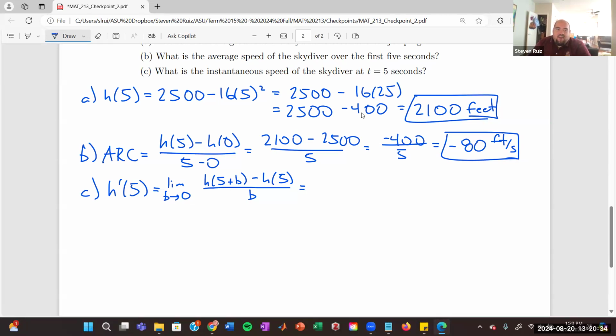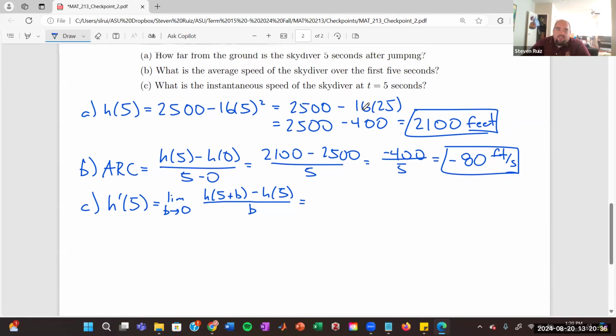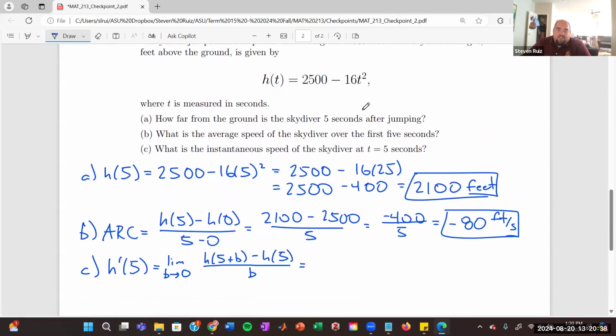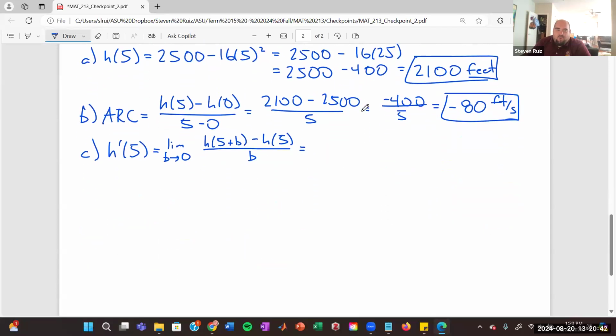So what is h of 5 plus b? Now I'm evaluating a function at 5 plus b. So 2,500 minus 16 times 5 plus b squared, minus h of 5, which is 2,500 minus 16 times 5 squared, all over b.